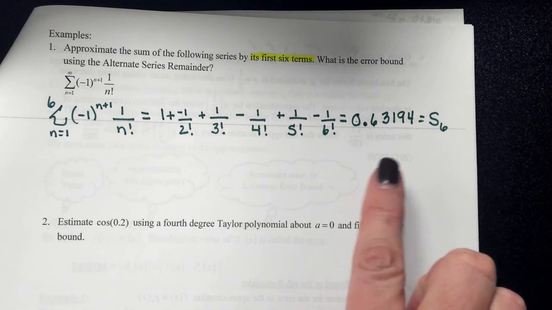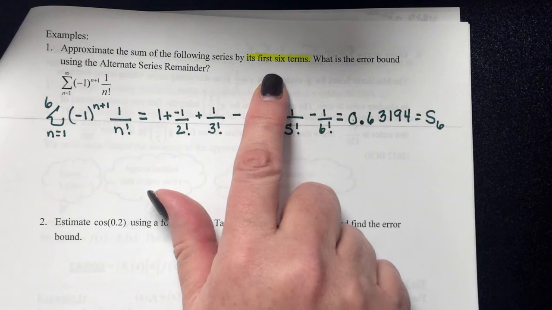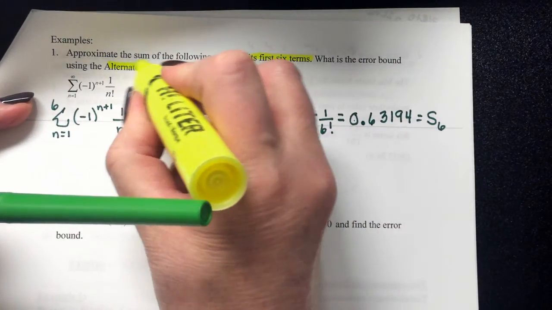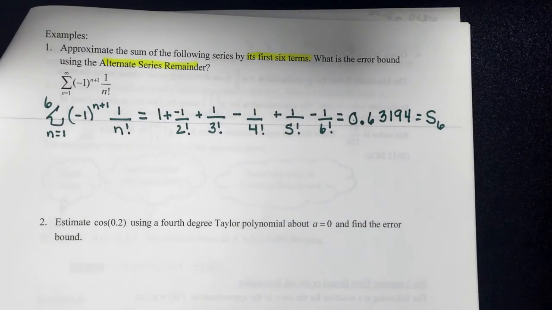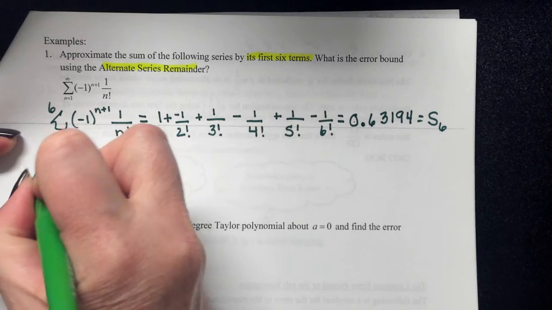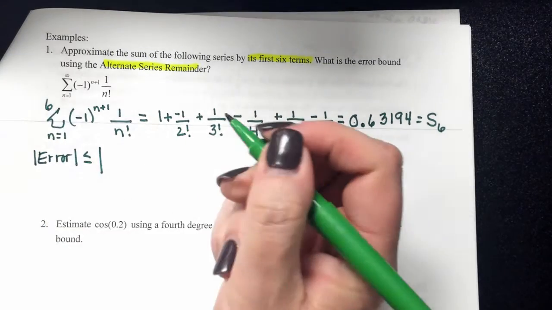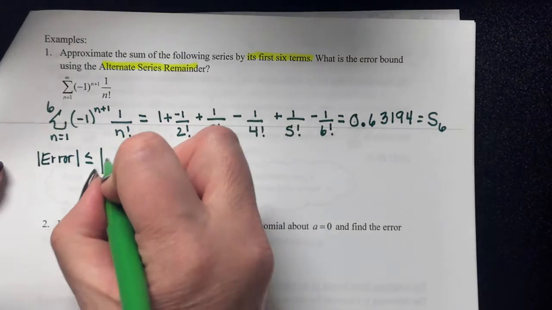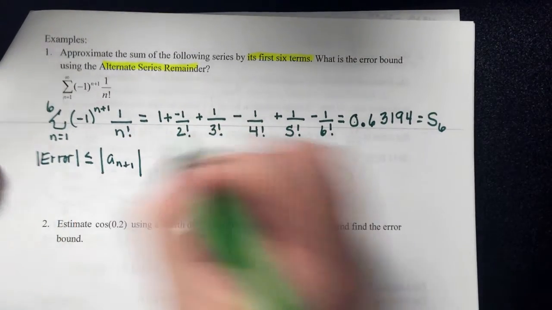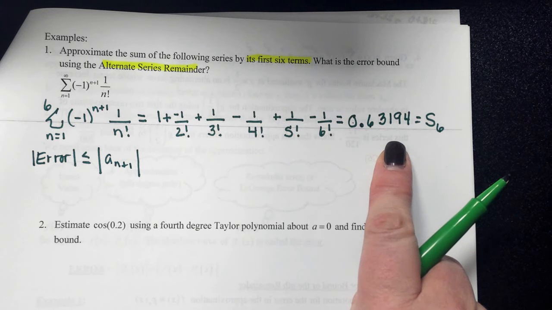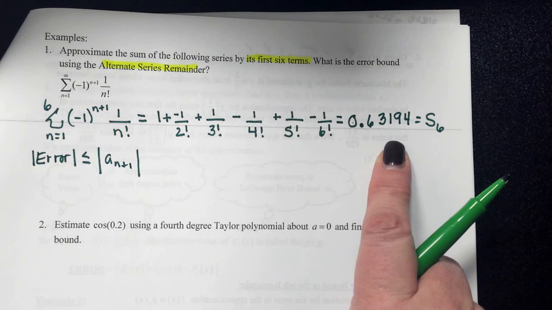All right, so any questions, guys, on how I calculated the first 6 terms? So now, because they want me to use the error bound using the alternating series remainder, the absolute value of the error is going to be less than or equal to the first neglected term, which is a sub n plus 1. This sum is based upon the first 6 terms, so the first 6 terms of this particular series is completely accurate.